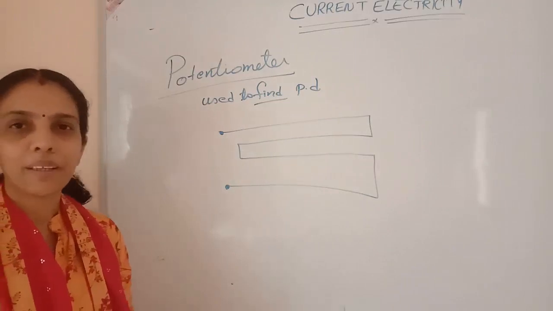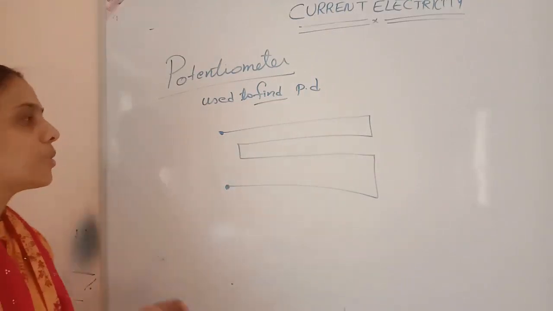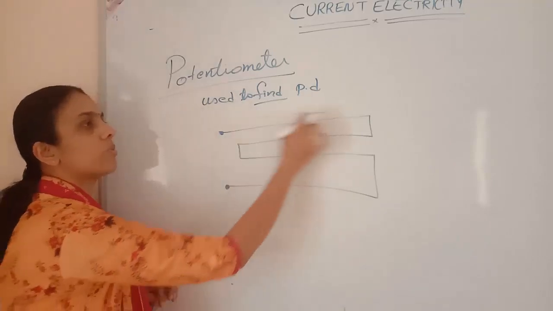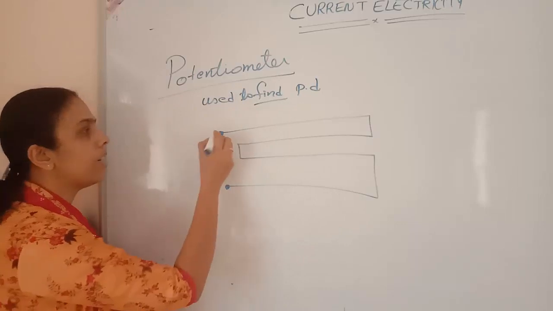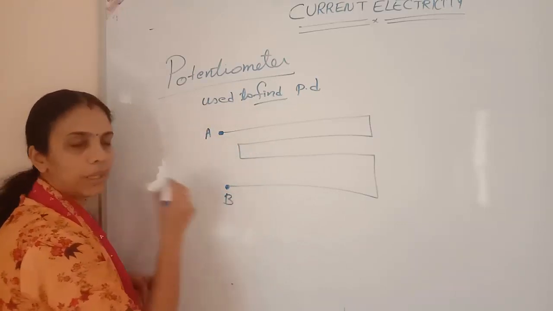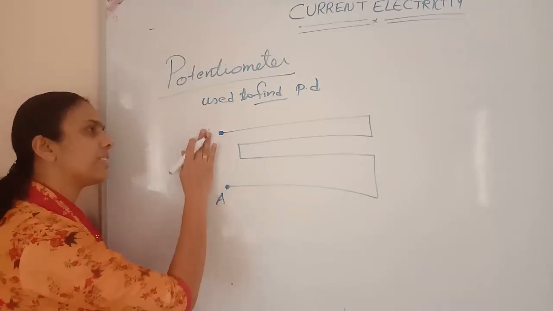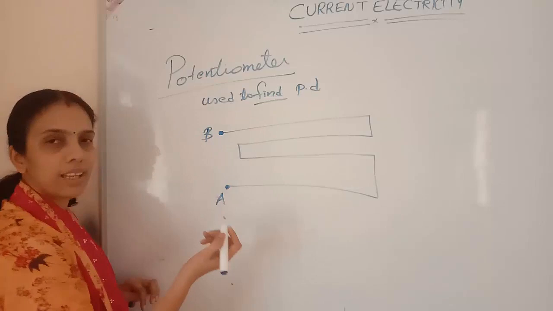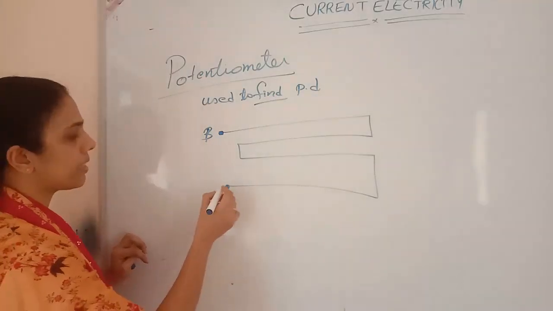Okay, so like that it will be changing. It is 1 meter and 10 meter, like that it will be there. One point I am connecting as A and the other point is B. Usually here, for easiness, we will say it as A or B. That depends, you can take it in any way. Okay, that is not an issue.